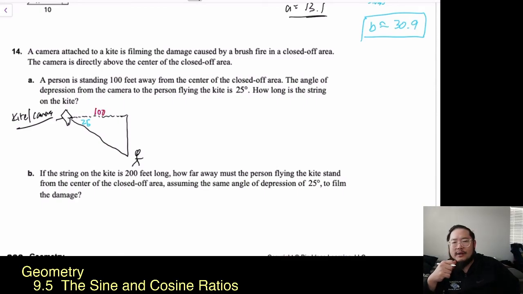And hopefully you're able to figure that part out. We've got ourselves our 90-degree angle. And then it says, well, how long is the string on the kite? And the string on the kite would be right here, which I marked up as x, which would be your hypotenuse. So based off of what we see right here, we've got SohCahToa, right?